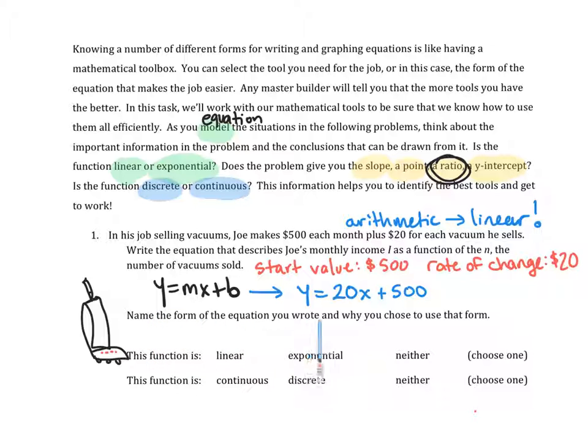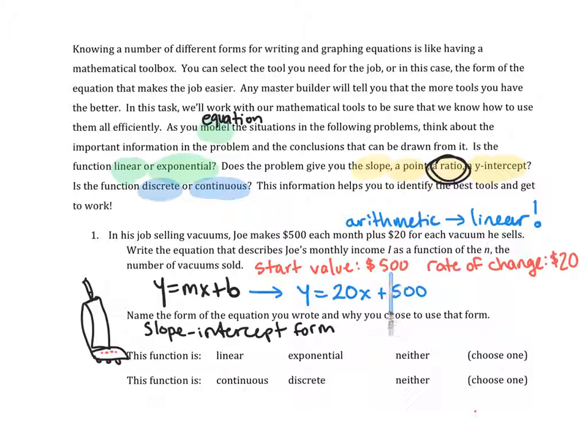Name the form of the equation you wrote and why you chose to use that form. So what kind of equation is this? This is slope-intercept form. And why do we choose to write the slope-intercept form? I would say probably that we had the slope, or the rate of change, and an intercept, the start value.